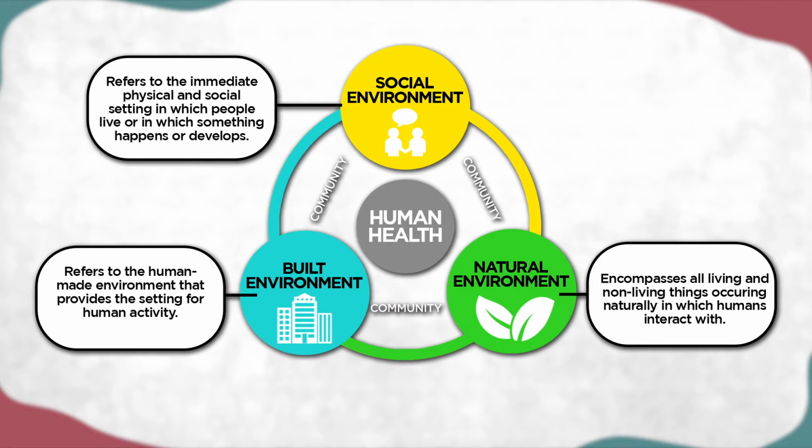Anything that happens in the environment, whether positive or negative, will have an effect on the health conditions of living organisms, especially us humans. It is also important to take note of these determinants of a healthy environment.